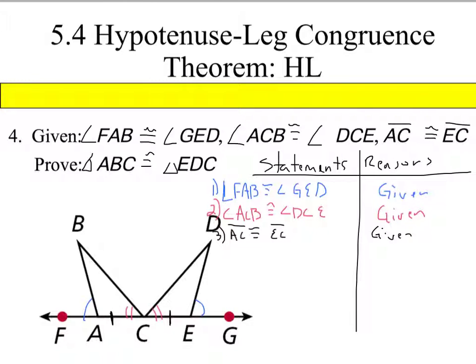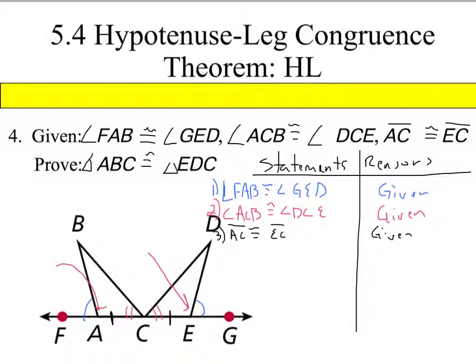Okay, so now we get into the nitty gritty of it. The way I'm looking at this, I notice that my outside angles FAB and GED are congruent. I also know that the interior side and an interior angle are going to be congruent. I could do multiple different things here, but I notice that because these two angles, FAB and GED, have a supplementary angle here, that makes my job a little bit easier.